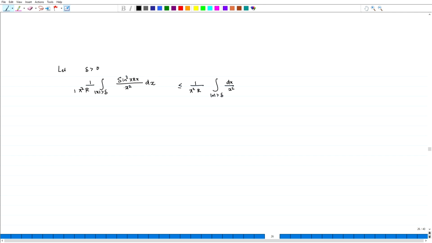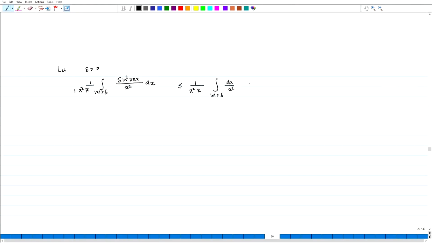The integral from delta to infinity of 1 over x squared is minus 1 over x from delta to infinity. So, this is nothing but 1 over delta, and delta is positive. So, this is some constant times 1 over r into 1 over delta.